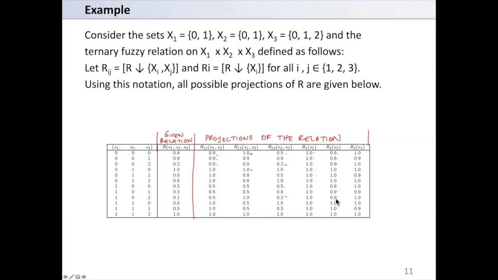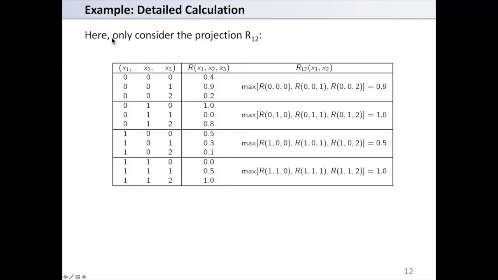Here also shown. For a detailed explanation, consider only the projection R12. Here we have all possible combinations of x1, x2, x3. The relation has values 0.4, 0.9, 0.2.